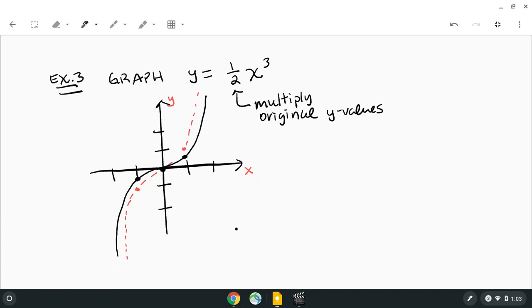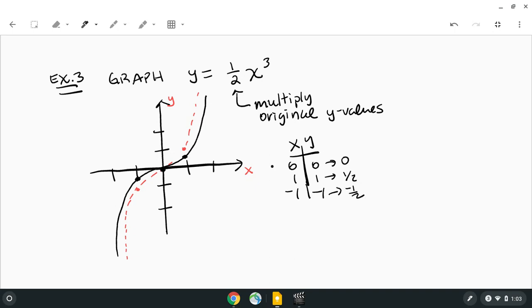If you can't tell what the y value is, then make your table. Write down the 0, 1, -1 y values, and then multiply them all by 1/2. So this will be 0, this will be 1/2, and this will be -1/2.